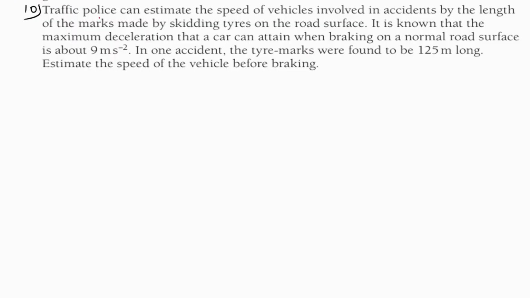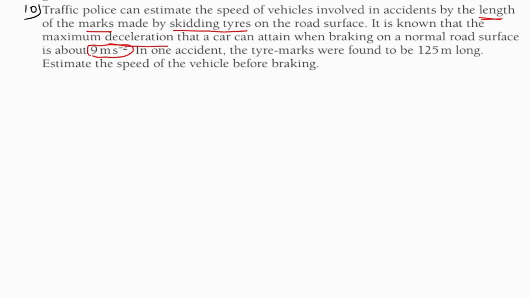Number 10 says a traffic police can estimate the speed of a vehicle involved in accidents by the length of the marks made by the skidding tires on the road surface. It is known that the maximum deceleration that a car can attain when braking on a normal road surface is about 9 meter per second square.